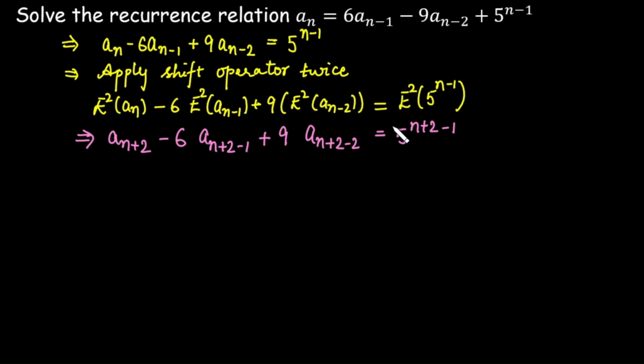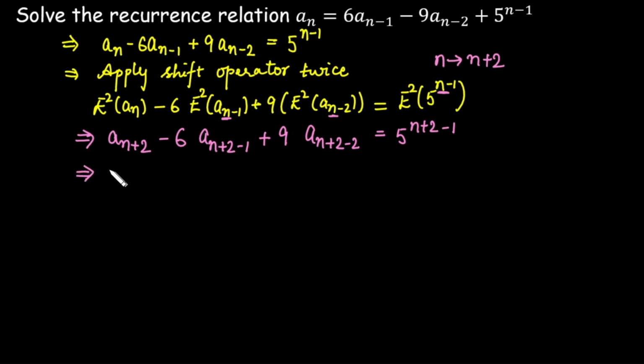What we have done in this case: when we applied the shift operator twice, your index n is shifted to n plus 2. Here n is there, so it is replaced by n plus 2. Each place that contains n has n replaced by n plus 2.